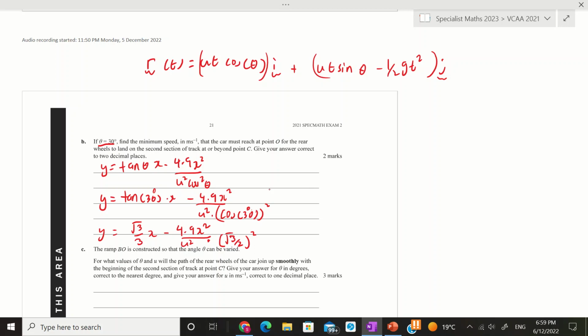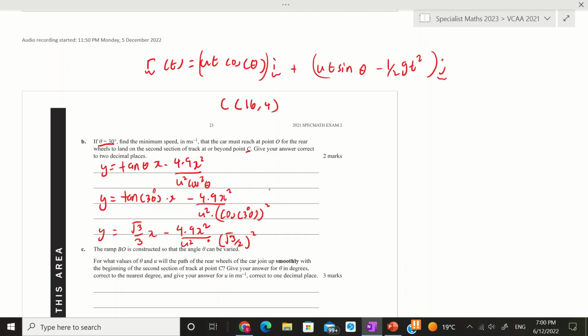Okay, and then at this point, all we have to do, just recall from the start of the question, point C had coordinates 16, 4. So all we have to do here is sub in 4 for y and 16 for x, and then we can solve it on the CAS. So we'll go ahead and do that quickly.